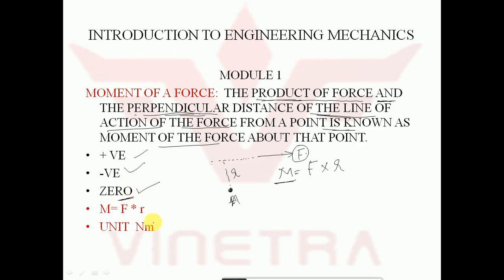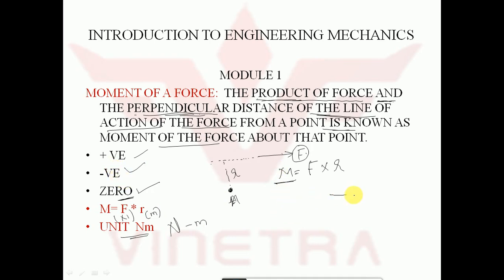Moment will become zero. The unit of moment is Newton meter, since the unit of force is Newton and the distance is measured in meters. So now the question arises, what is the positive moment, what is the negative moment?